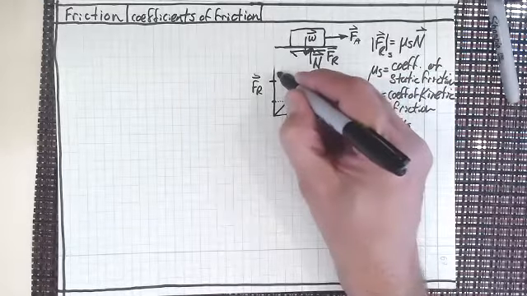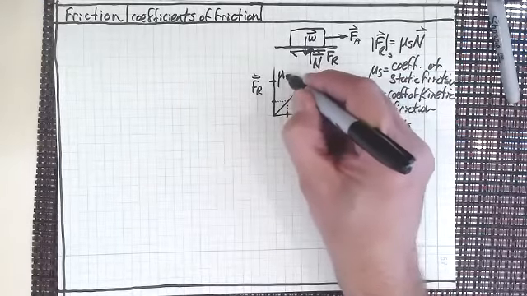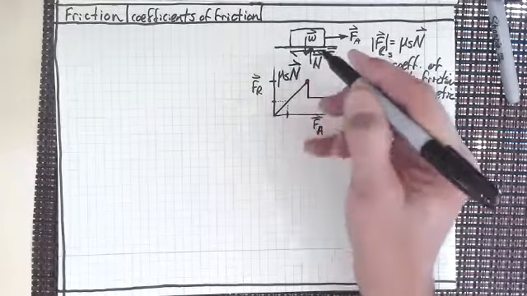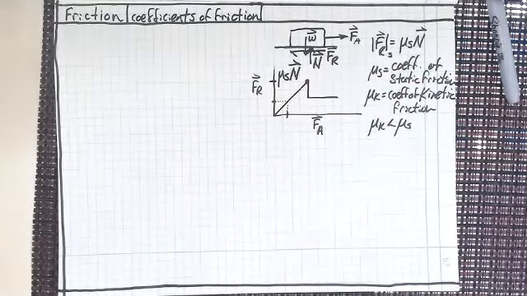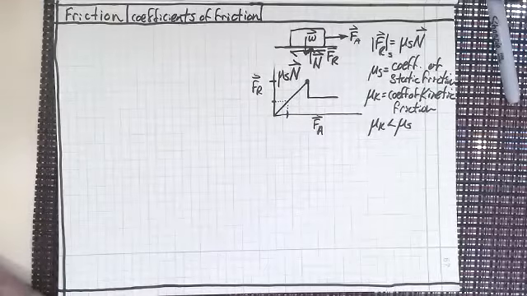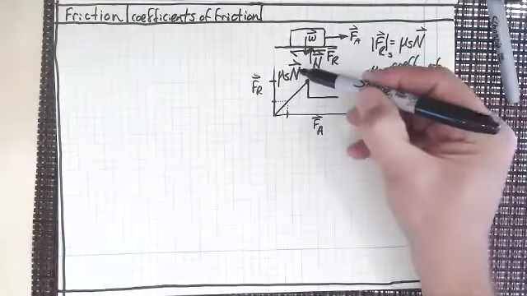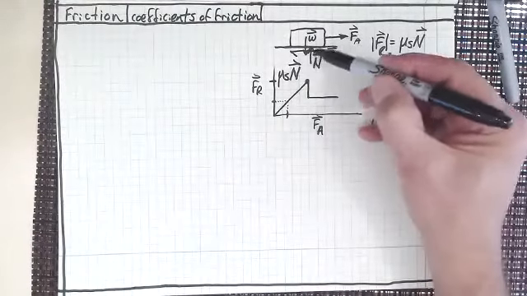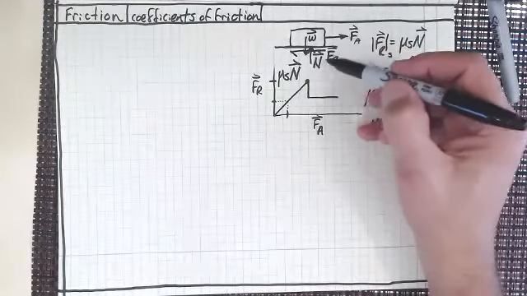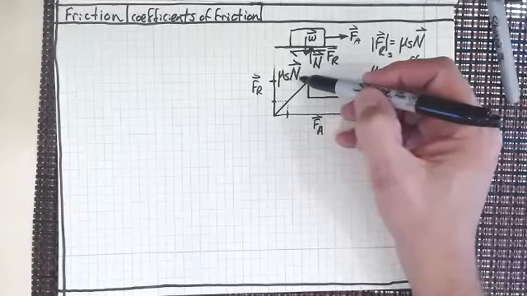That point is mu sub s times the weight of the table, because I'm talking about a table on a kitchen floor, so I'm talking about a relatively flat floor. I mean, why would you not have a flat floor in a kitchen? So the weight force equals the normal force in this case.